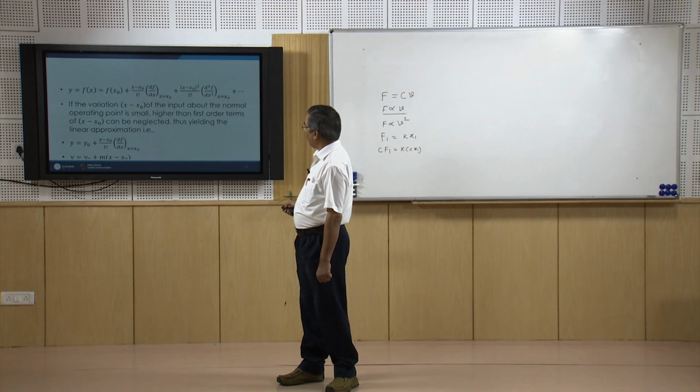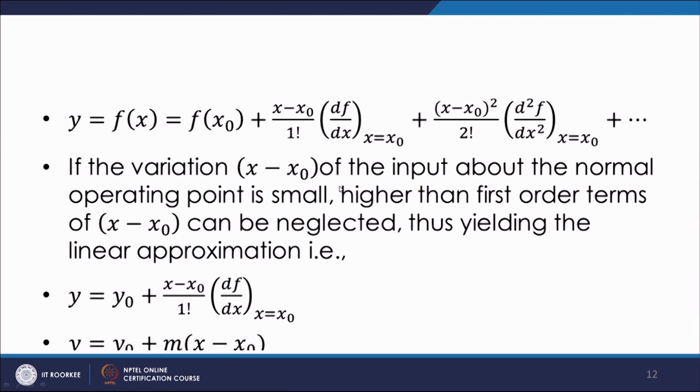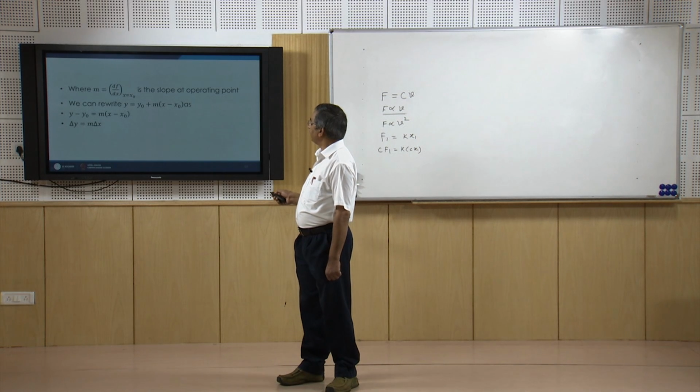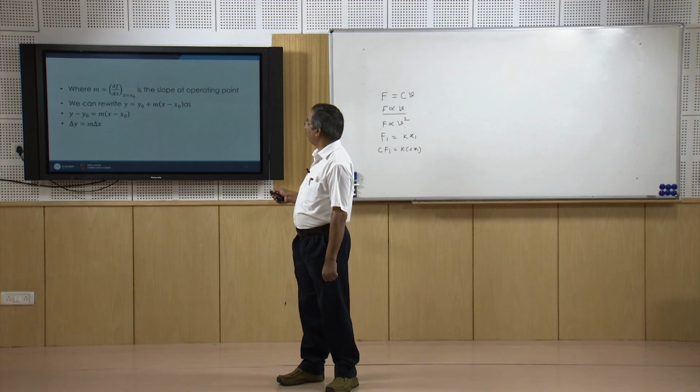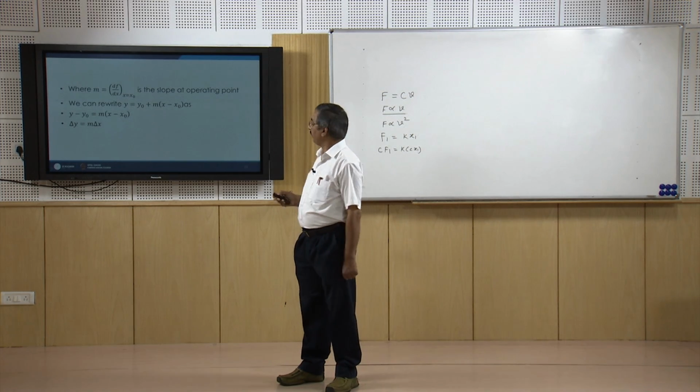If I do that, this is what I get: y is equal to y0 plus (x minus x0) by factorial 1 times del f by del x at x equal to x0. If I represent this as m, the slope which I talked about in my previous slide, then it is m into (x minus x0), where m is df by dx at x equal to x0, the slope at the operating point.